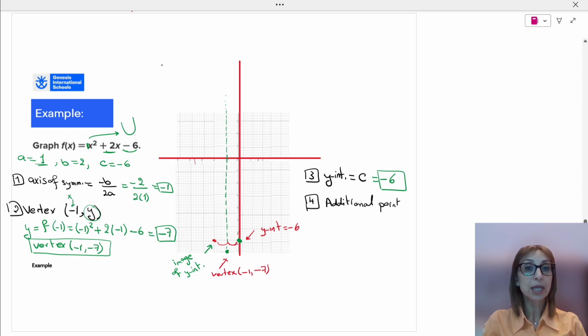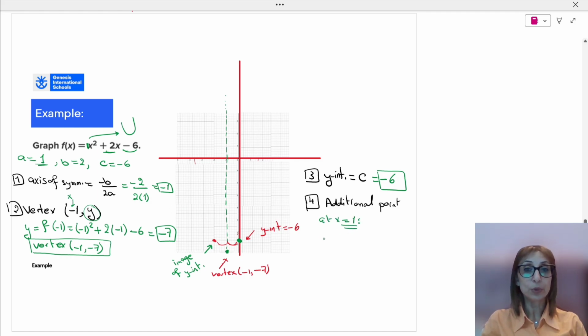So we can take an additional point at x equals 1, for example, and find the y of this x. So when x is 1, what will be the y?